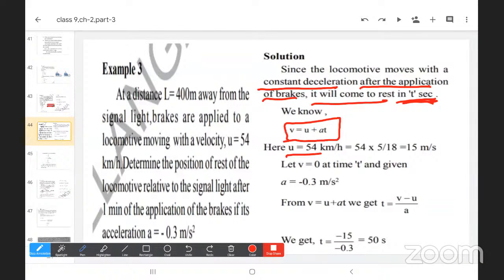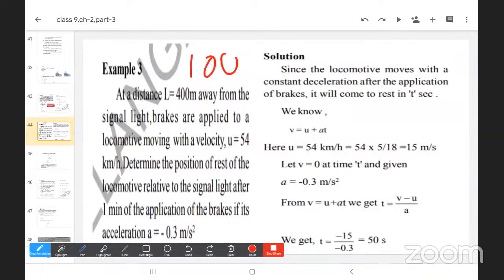We know 1 kilometer equals 1000 meters, right? And 1 hour equals 60 minutes. And we need to change this time into seconds.